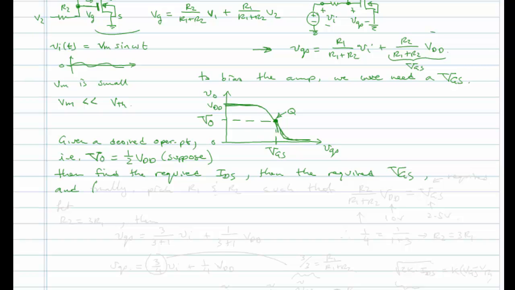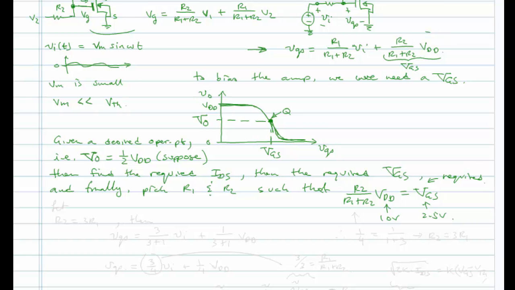And finally, pick R1 and R2 such that R2 over R1 plus R2 times VDD is equal to the desired VGS, the required VGS, okay? So let's say VDD was 10 volts, and let's say VGS was equal to 2.5 volts, then we would need this ratio to be 1/4, right?